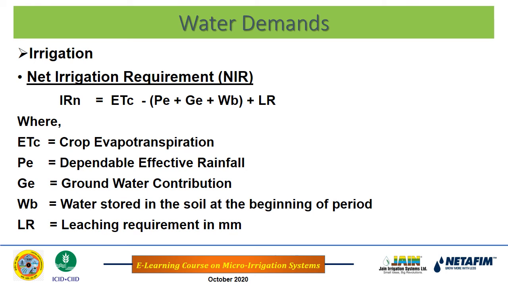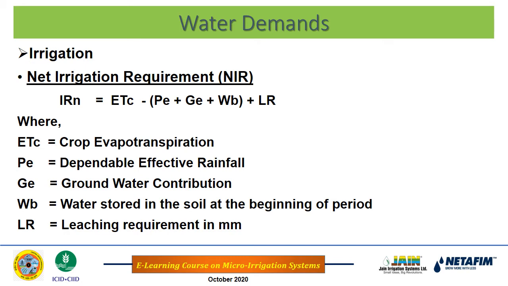Now as far as irrigation requirement is concerned, broadly we see that net irrigation requirement is ET crop, that is crop water requirement, actual crop water requirement of the crop, minus dependable effective rainfall, because part of that is being contributed by effective rainfall.